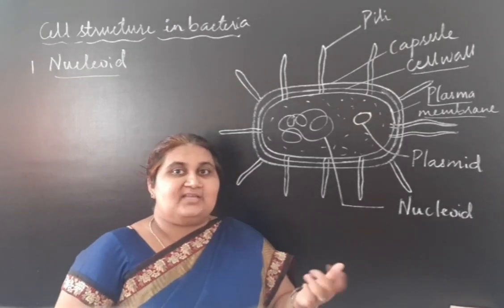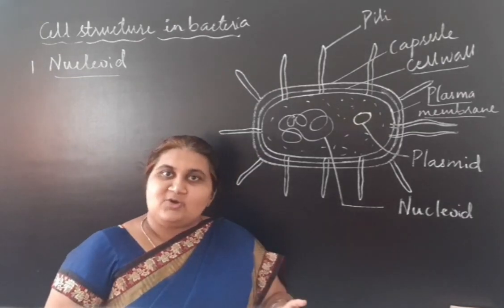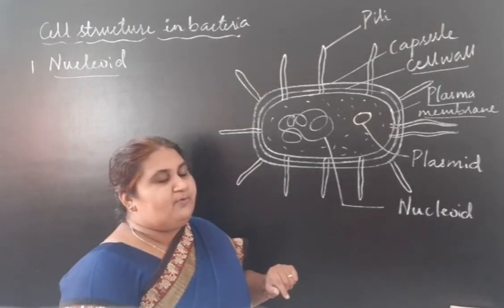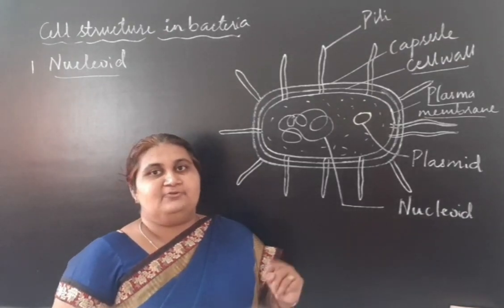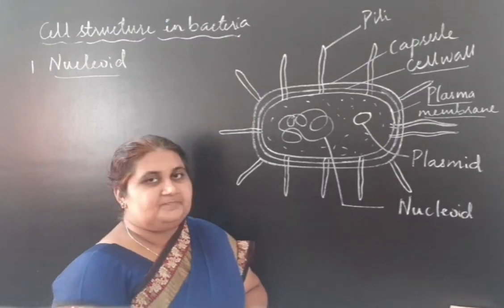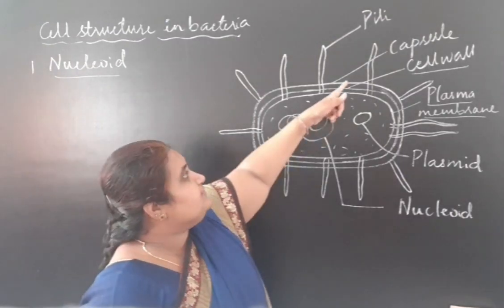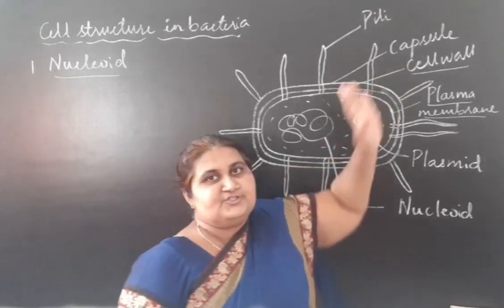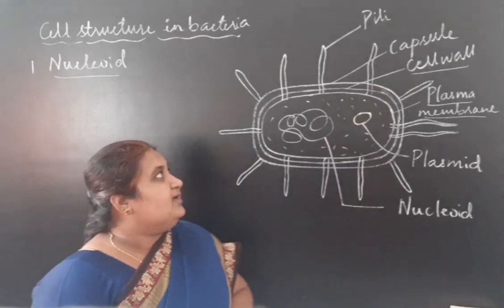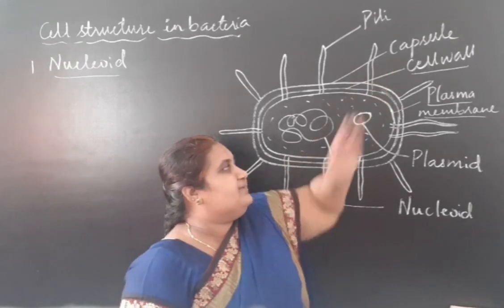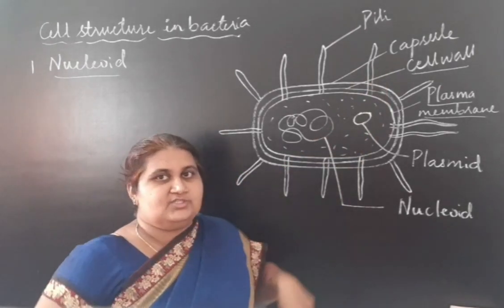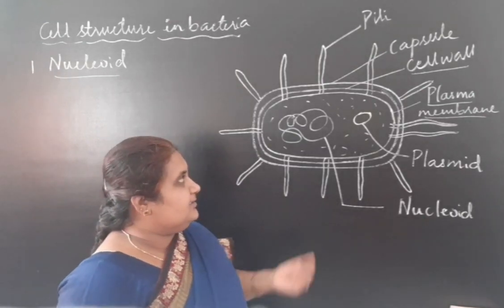But whereas you know that in plants, cell wall is also present, but that cell wall in plants is made up of cellulosic cell wall. External to the cell wall, there is a presence of capsule. In some we could find the presence of the capsule, the outermost covering layer.